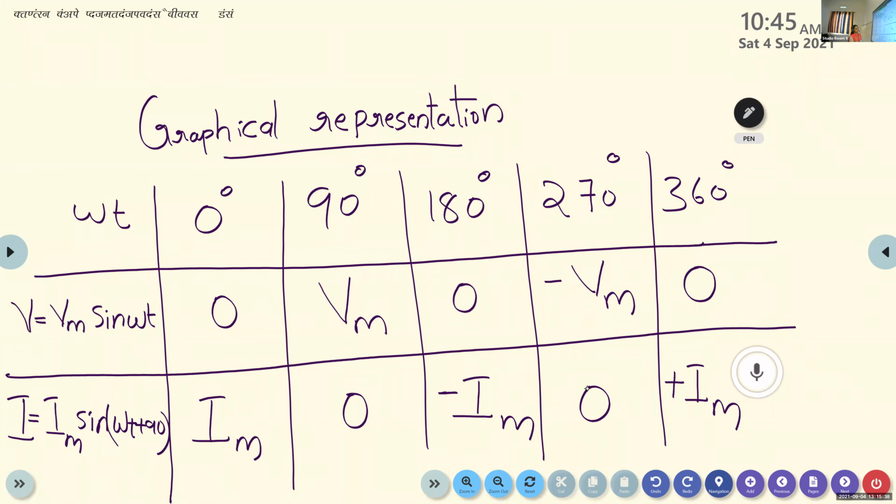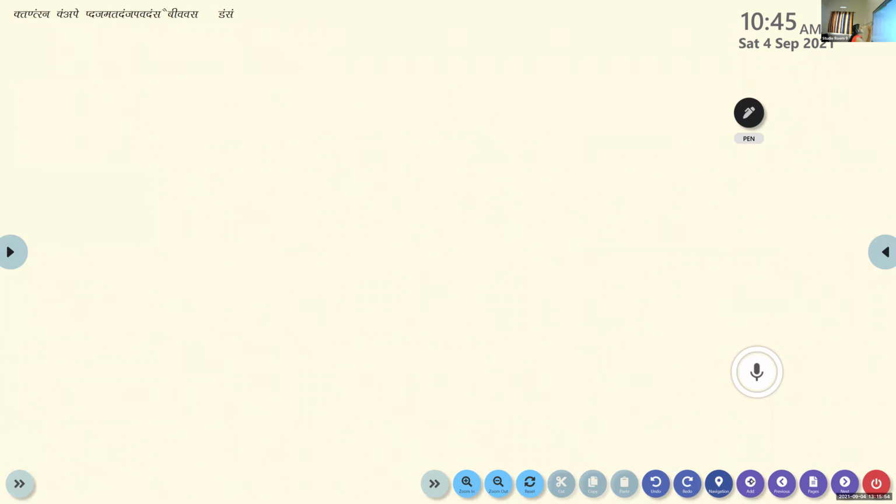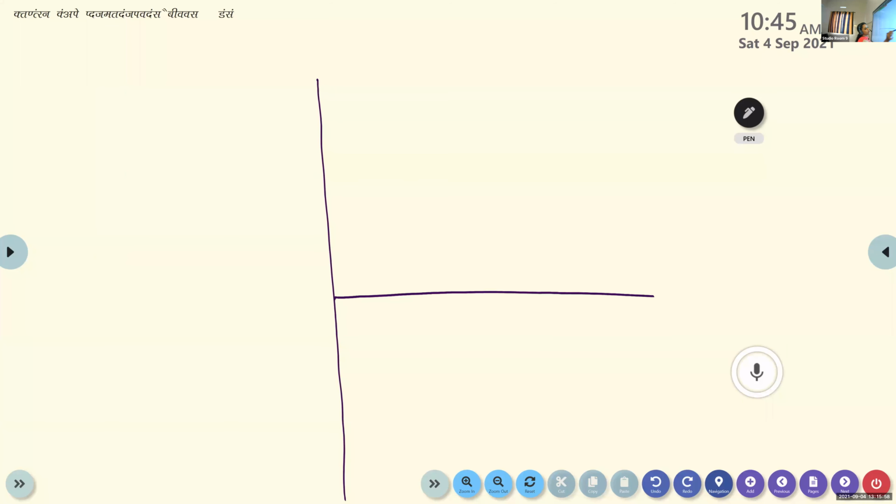So here we represent the phase angle in tabular form. Now we can easily draw the graph. Here we have the x-axis. The phase angle omega t is represented along the x-axis.